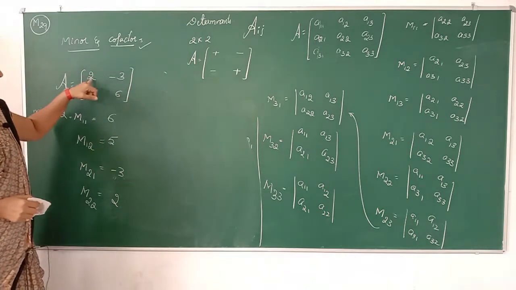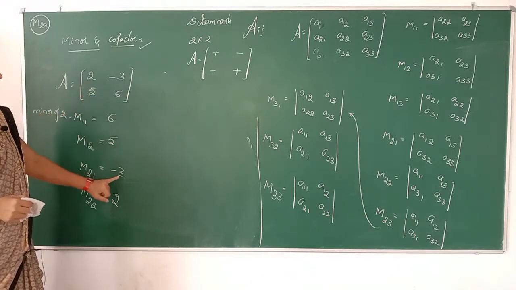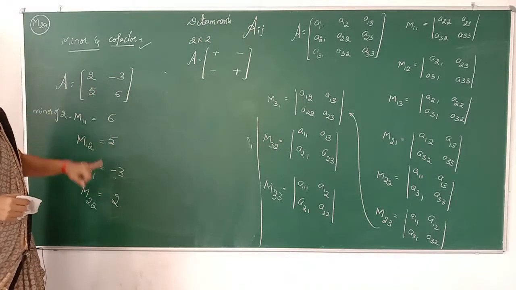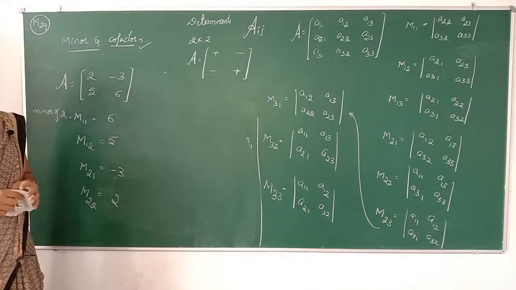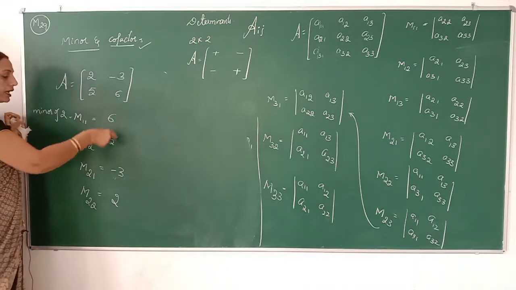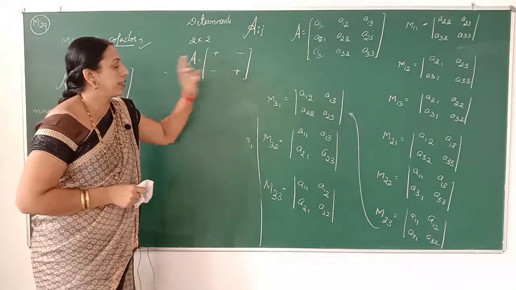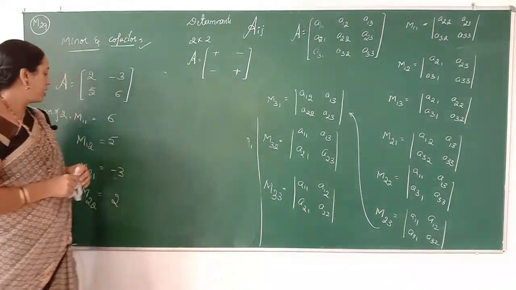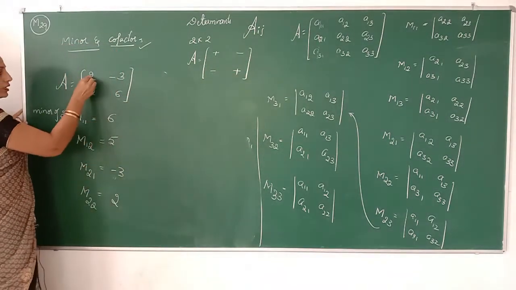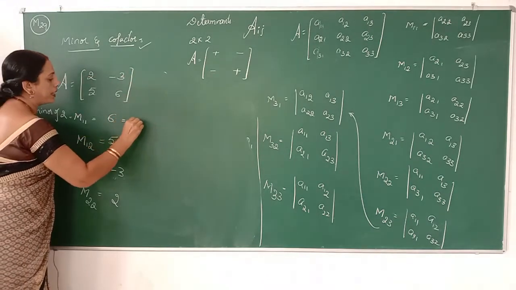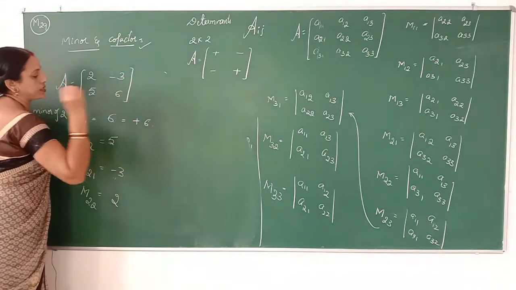So 6 is the minor of 2, 5 is the minor of 5, minus 3 is the minor of 5, and 2 is the minor of 6. Then these elements are multiplied by the corresponding alternating signs of the determinant. What are the corresponding signs? The first element is multiplied by plus, that is plus 6.